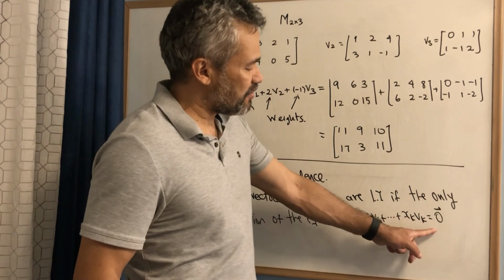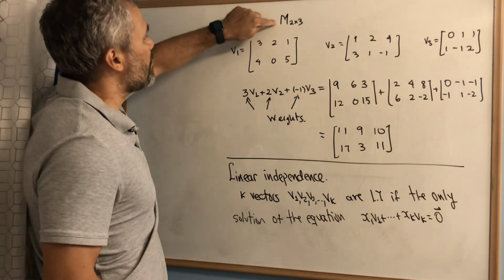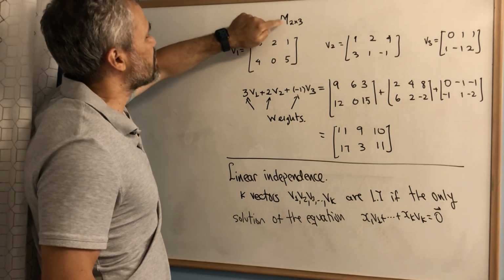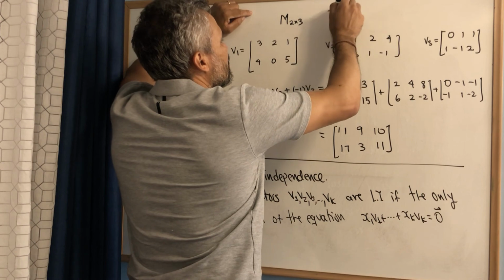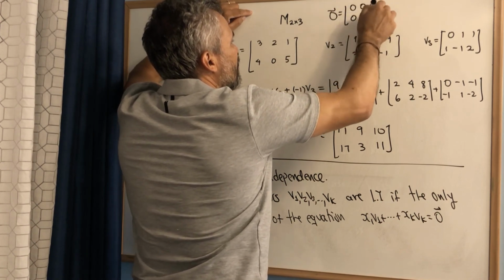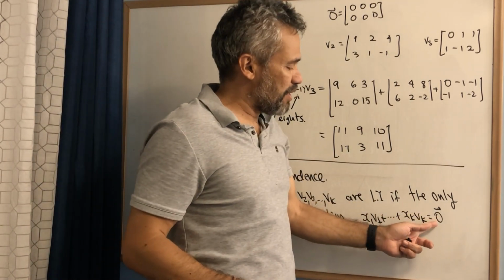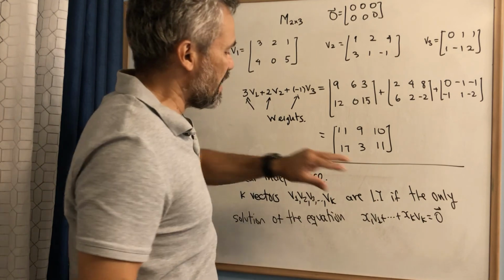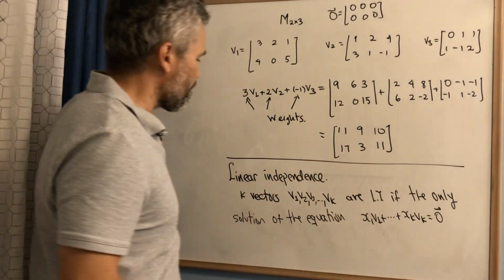Notice that this zero vector depends on the vector space. For example, for 2 by 3 matrices, the zero vector would be the matrix 0, 0, 0, 0, 0, 0. If we are talking about a space of functions, then the zero vector will be the zero function, and every vector space has its own zero vector.